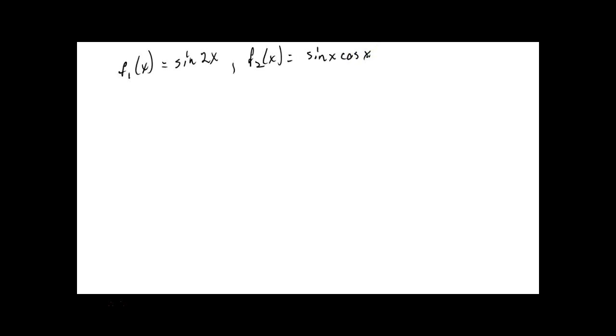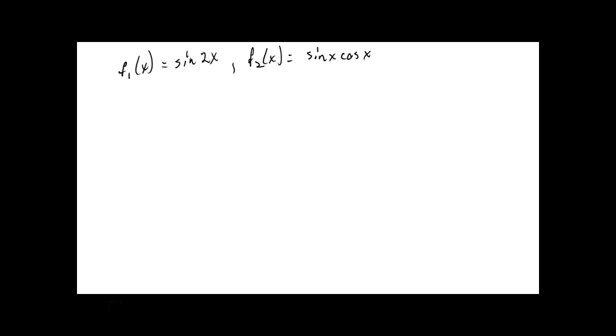Okay. Now on the surface, they don't look like they're multiples of each other, do they? That one has sine and cosine in it. This only has sine in it. So they're obviously not simple multiples, you would think, of each other, unless you remember your double angle formula.